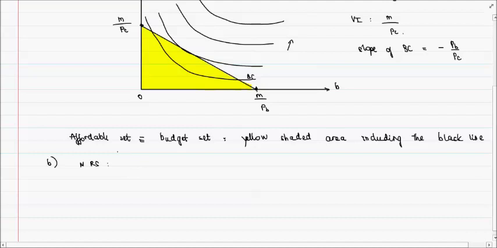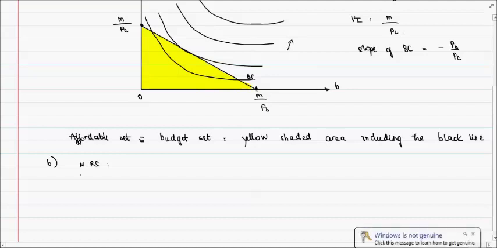It's telling you the rate at which the units of one good have to decline in order for the consumer to increase the consumption of the other good, such that the consumer is on the same level of utility, on the same level of indifference curve. If they want to consume one more unit of one good, how many units of the other good will they have to give up? That is the marginal rate of substitution.